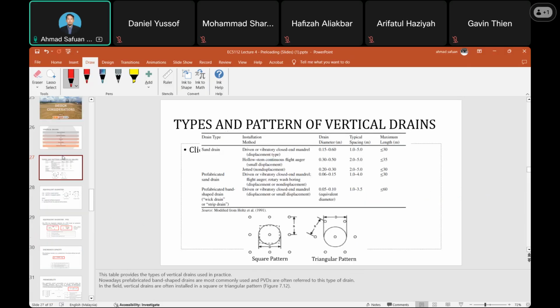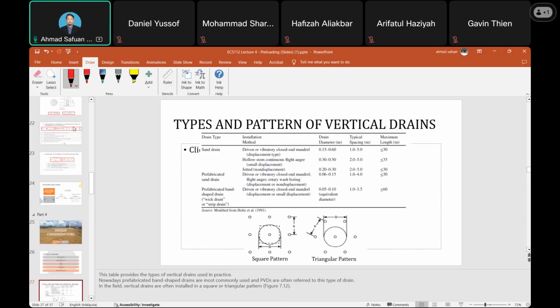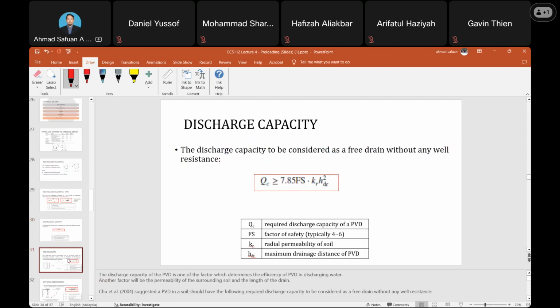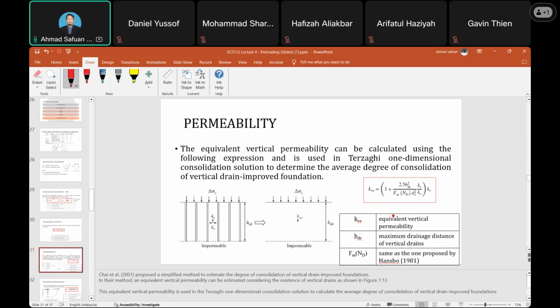Let me find where we put the permeability. So that is for the KBE. 2.5 is the R divided with the DE, KR over KV times KV.